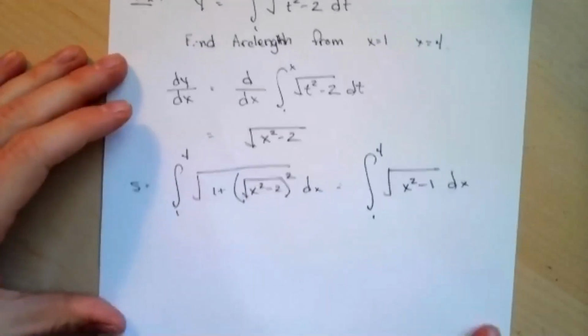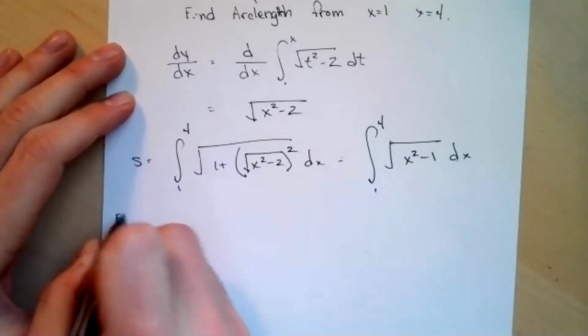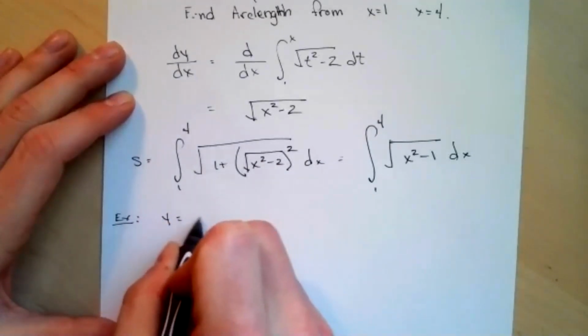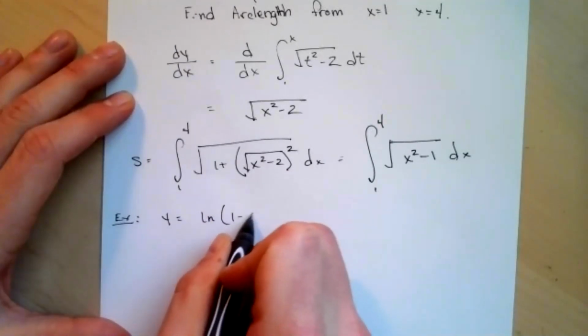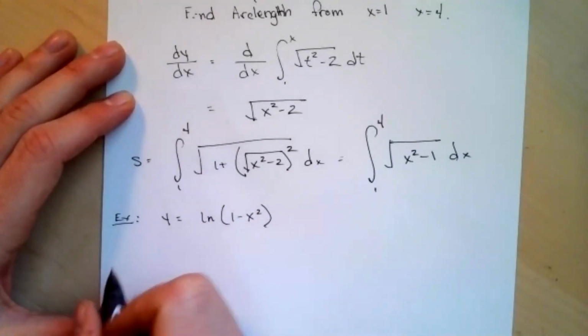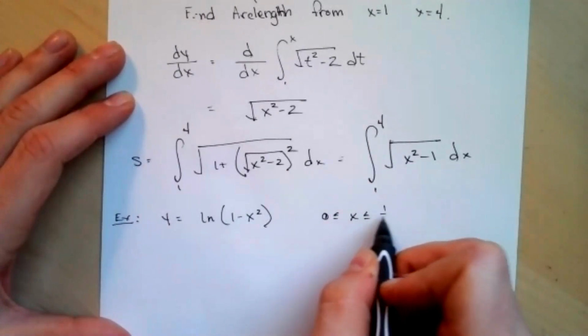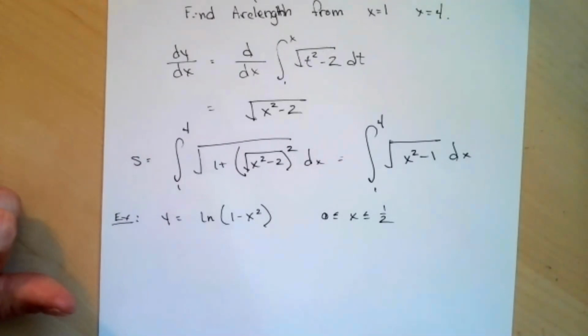Other examples, let's do one with logs. Let's say we've got y is equal to natural log of 1 minus x squared from 0 to 1/2.